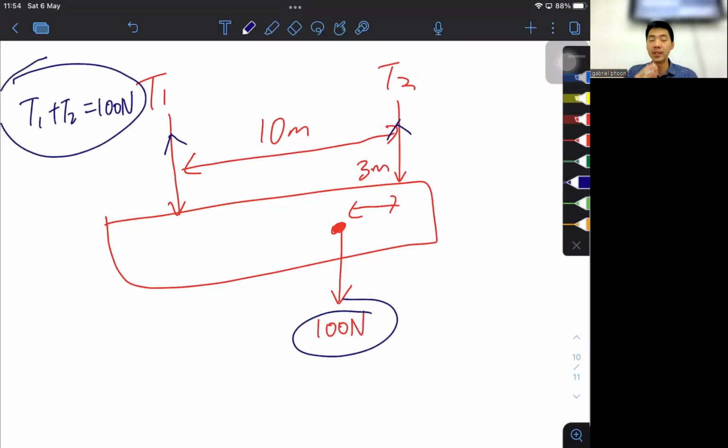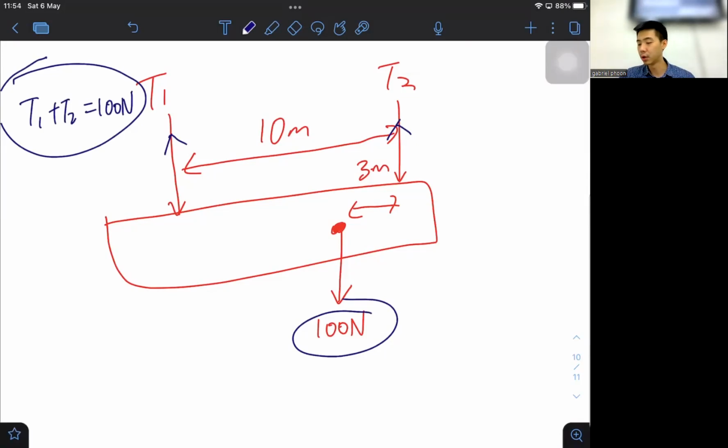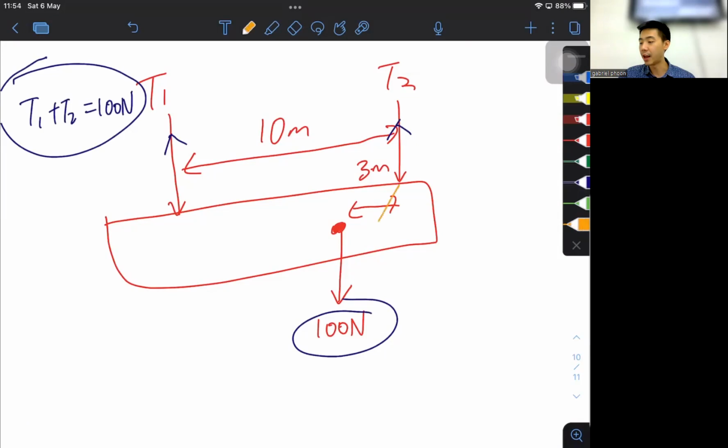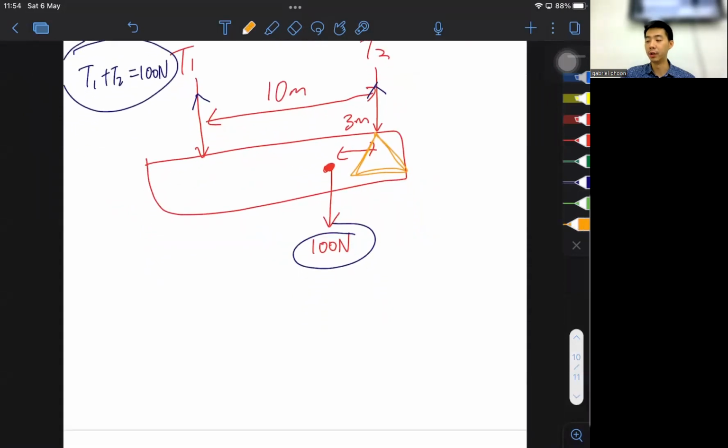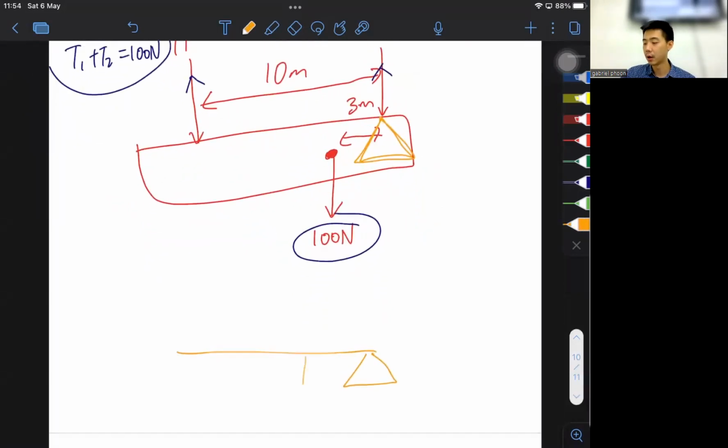Instead, what I should do first is I must use moments here to calculate the question, which is what he said is correct. If I want to find T1, I have to place a pivot at this specific point here. If I place a pivot at this specific point, then the whole diagram, if I simplify it, will be something like this already.